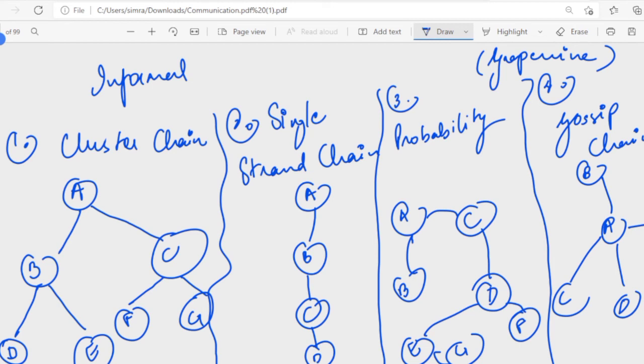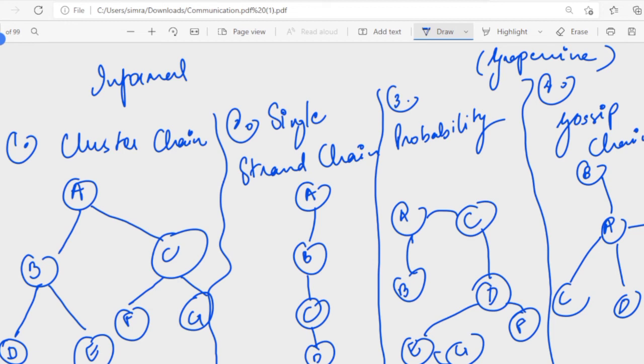When a person A is telling one gossip to a group of persons, then that group of persons is going to pass on that gossip to another group of persons. This is known as what? Gossip chain, grapevine communication.